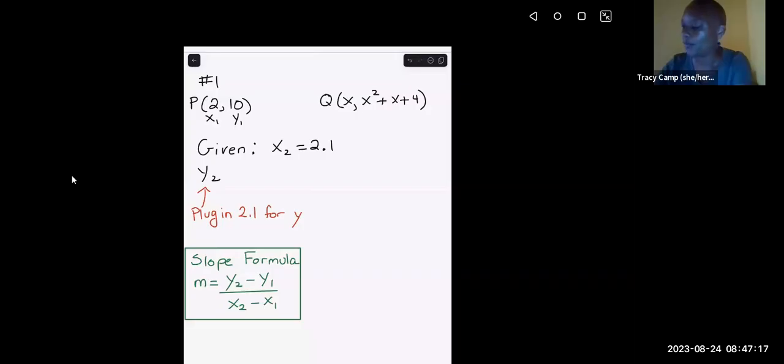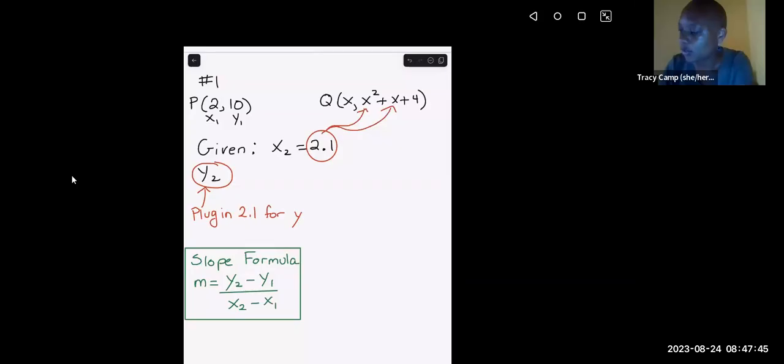And so we need to find out what y2 is, because we're using the slope formula that I boxed in green. Slope formula: y2 minus y1 over x2 minus x1. We need all those four values. We have the x1, we have the y1, we have the x2. Now we have to find the y2, and we're going to do that by plugging this 2.1 in for x.